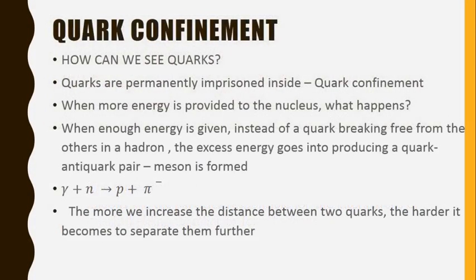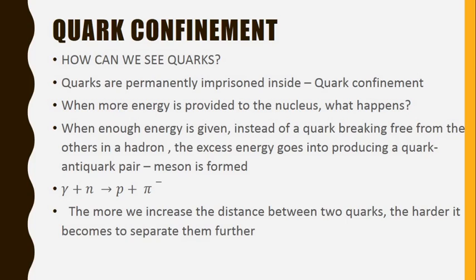So back to our equation, when we are providing more energy to a neutron, that is gamma plus neutron, it will form another particle, that is a proton, along with a meson. So when enough energy is given, instead of a quark breaking free from the others in a hadron, the excess energy goes into producing a quark-antiquark pair, and thus a meson is formed.